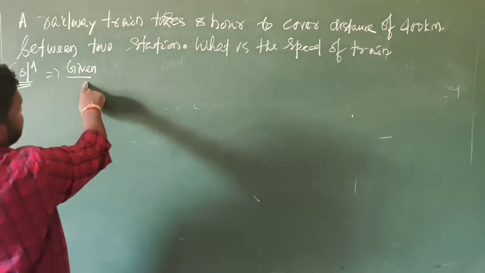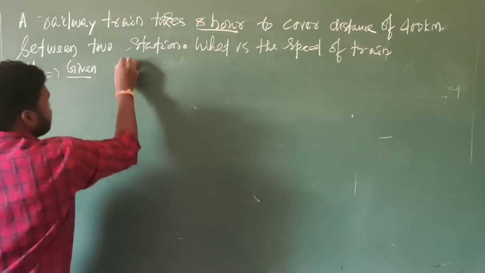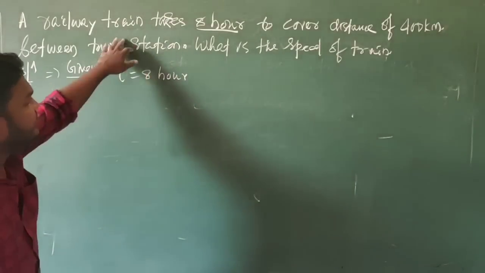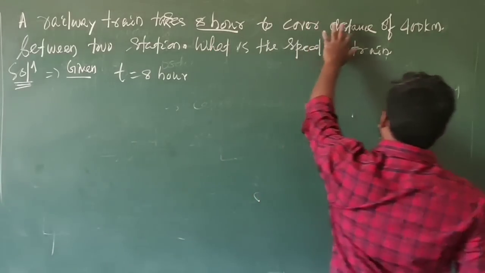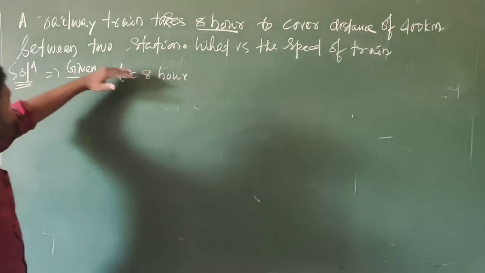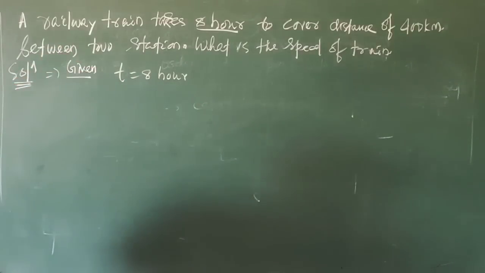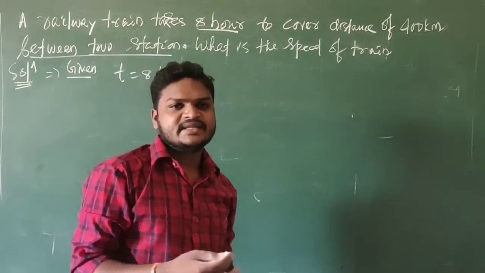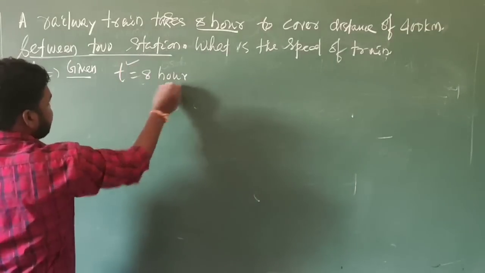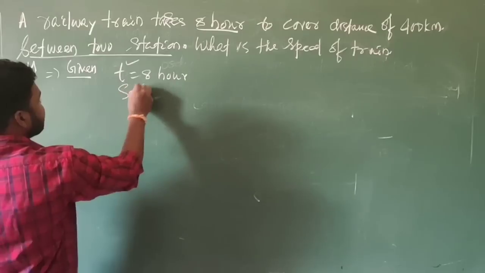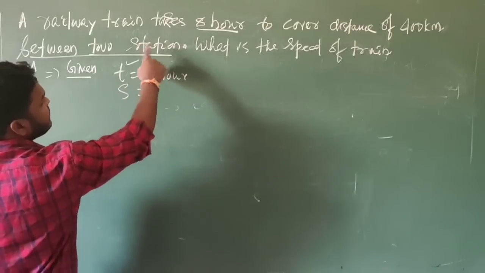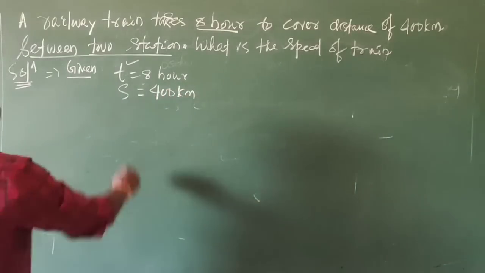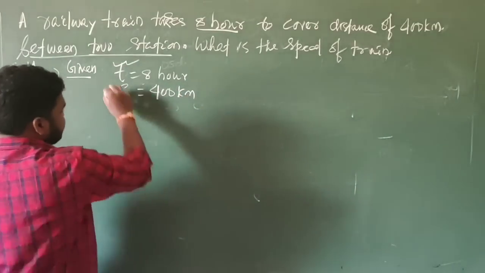In this question, the given data is time is 8 hours, and in these 8 hours the railway train covers a distance of 400 kilometer between two stations. From one station to the other, the time taken is 8 hours and the distance covered is 400 kilometers. So we have been given the time and the distance.